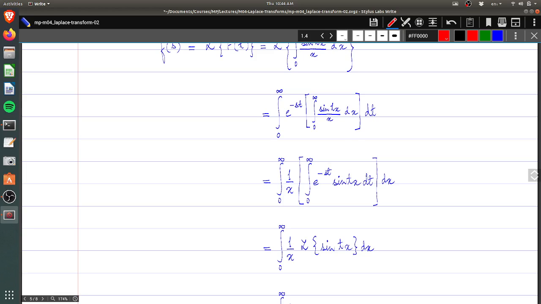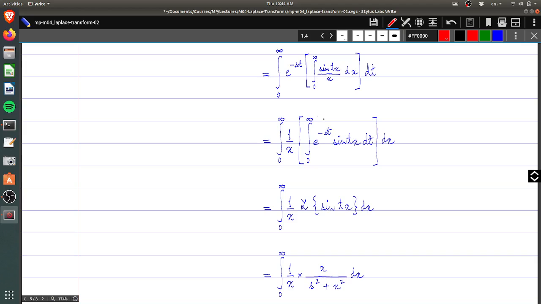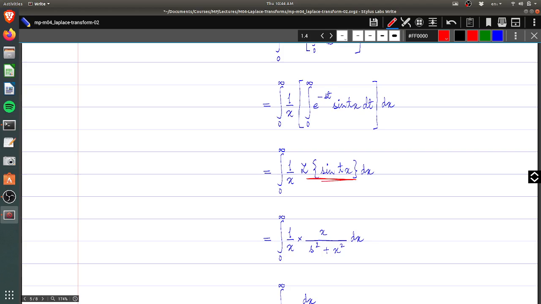The 1 by x can come outside, so we have 1 by x outside, and the integral of e to the power minus st sine tx dt. We immediately see that this is nothing but the Laplace transform of sine tx.